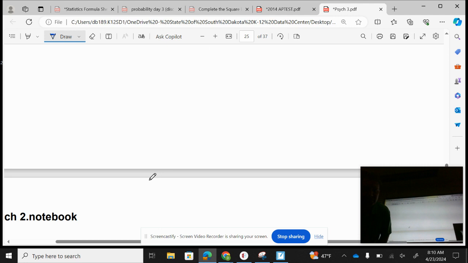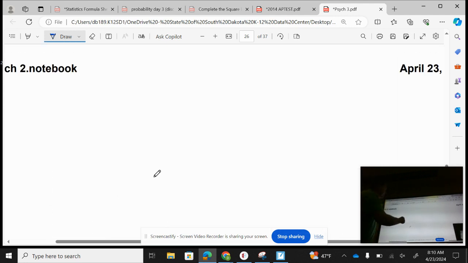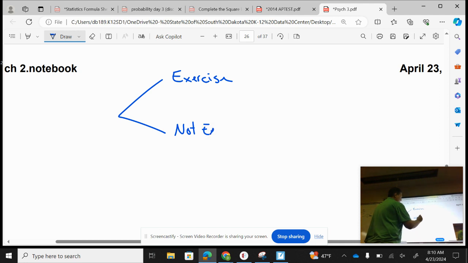Now, there's goals in that. But if I assigned everybody to exercise, I wouldn't know if exercise is improving sleep or not, for example. So I have some people exercise and some not exercise, because I could end up with a confounding variable.